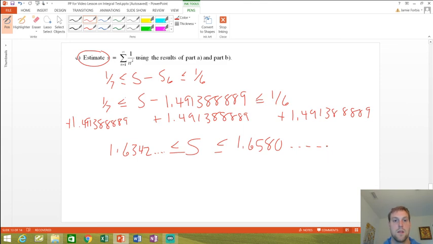So my actual sum is somewhere between 1.6342 and 1.6580. I know it's probably going to end up being 1.6 something. So I got a pretty good estimation of what my sum is. And there you go.